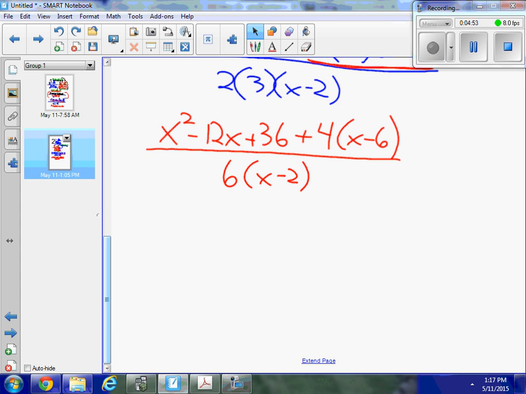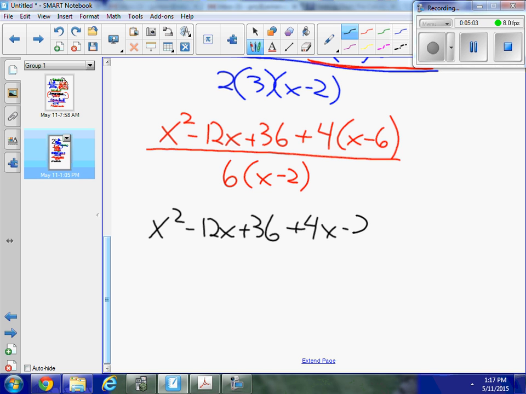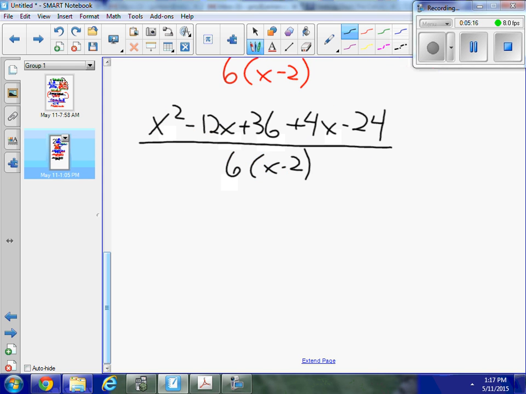Let's continue. X squared minus 12x plus 36 plus 4x minus 24, divided by 6 times x minus 2. I'm going to leave that in factored form because there are no like terms I'm going to be combining there.